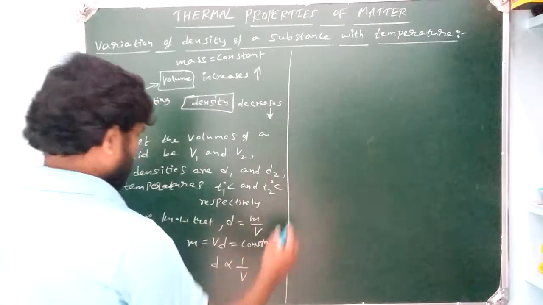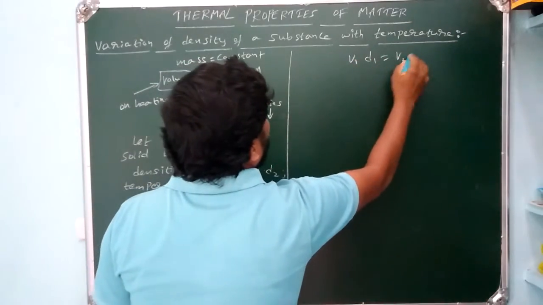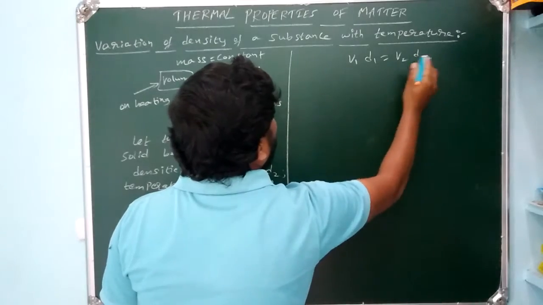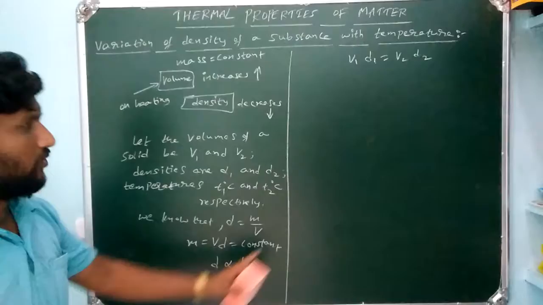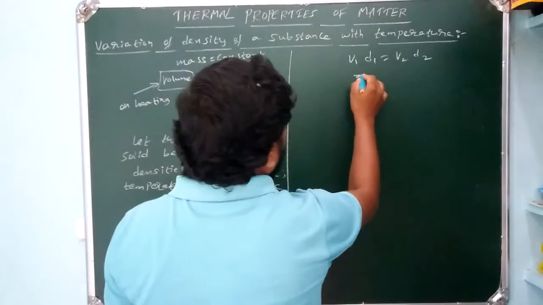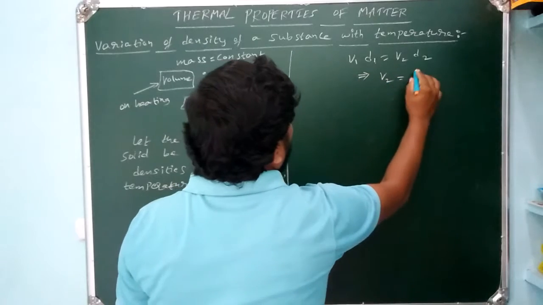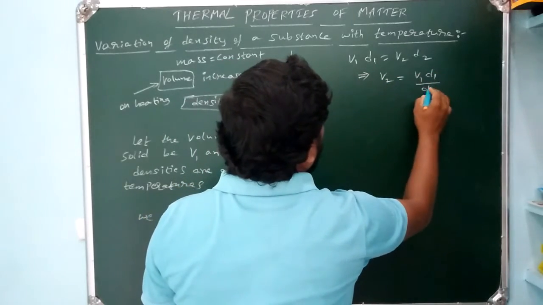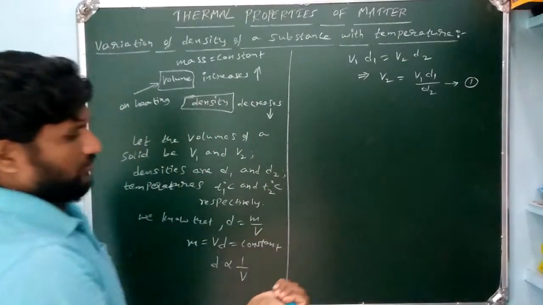Now we write V1 D1 equal to V2 D2. From this expression we write V2 equal to V1 D1 by D2. Let us consider this as the first equation.